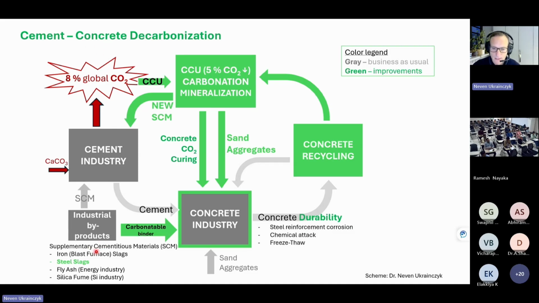And here I would mention some new materials. Of course, fly ash and silica fume, this is the old story, slags. But here we have the steel slags, which are actually not reactive, but this is very interesting because you can also carbonate them and then they become reactive. You can even directly make carbonatable binders using steel slags.